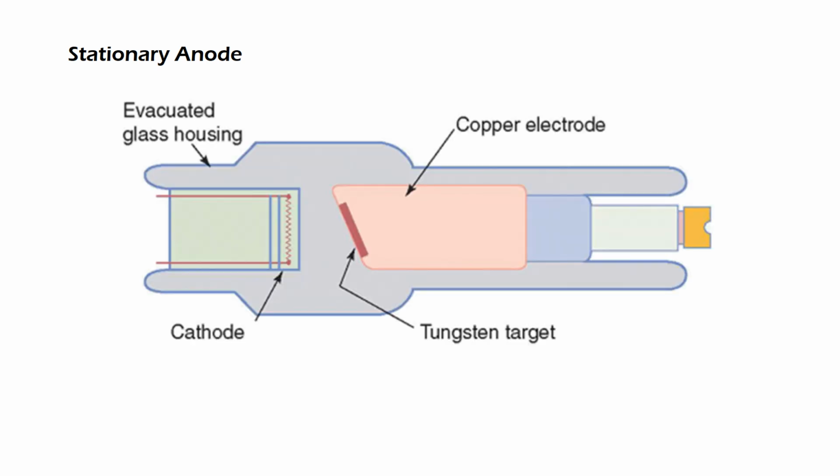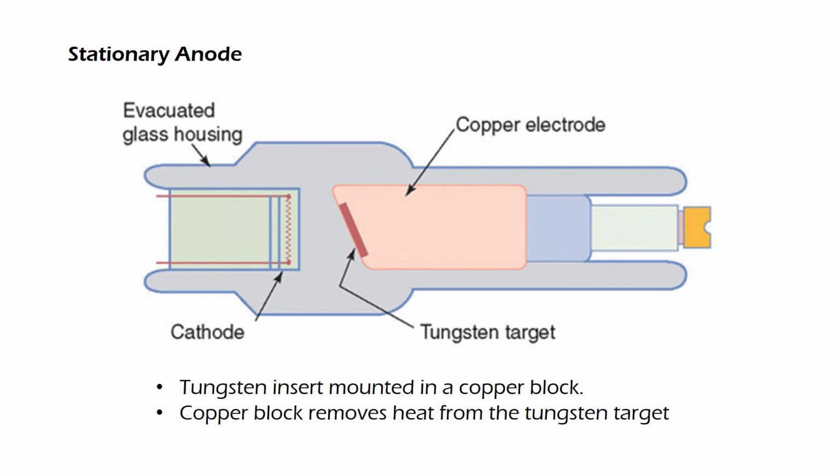A simple X-ray tube design has a fixed or stationary anode consisting of a tungsten insert embedded in a copper block. Copper serves a dual role. It mechanically supports the insert and efficiently conducts heat from the tungsten target.